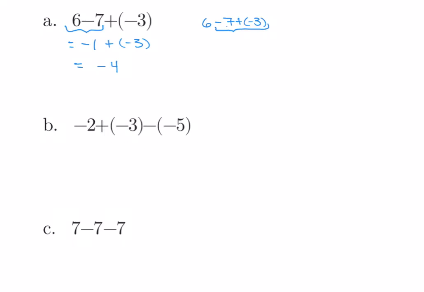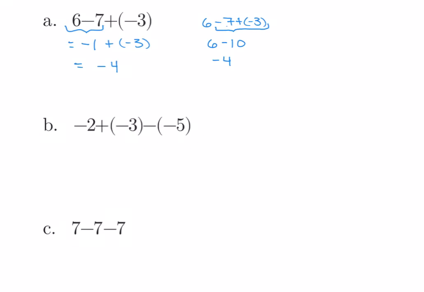Negative 7 and negative 3 combine to negative 10. 6 and negative 10, we now have different signs, so we can subtract and keep the sign of the larger number. Okay, so just remember those minus signs. We want to think of them as being the sign of the number following it.